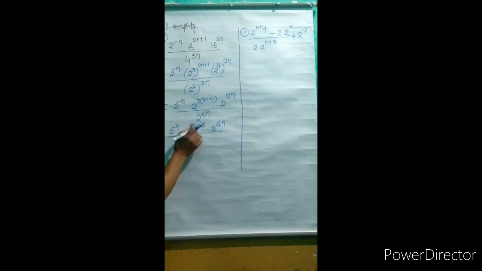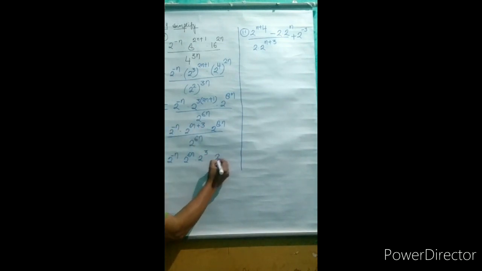So this is a sum of powers, 2 raised to power 6n plus 3. So we can break it: 2 raised to power minus n, and we can write this as 2 raised to power 6n into 2 raised to power 3, because bases are same, again powers will add, you will get this expression. 2 raised to power 8n over 2 raised to power 6n.